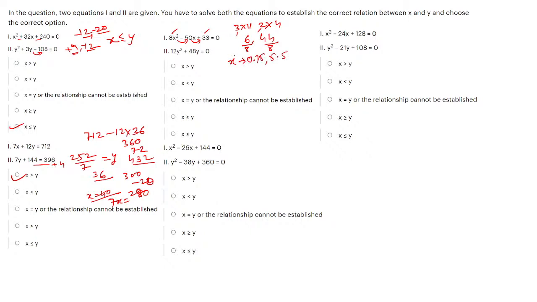Both are positive, the values of x. Now y square, this is 12y, y plus 4 equals to 0, 12y equals to 0, that means y is 0 or y equals to minus 4. Now surely even if you take the lesser value of x, that is 0.75, this also is greater than both the values of y, that means x is clearly greater than y.